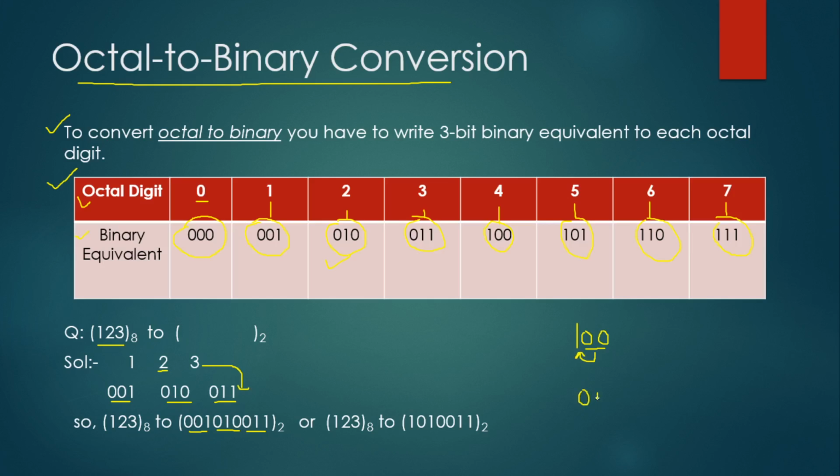But when we are writing 001, these two leading zeros you can discard because there is no use for them. So here I have written 123 base 8 equals 1010011 base 2. This is the way we can convert an octal number to a binary number. You have to learn this table and follow the steps.